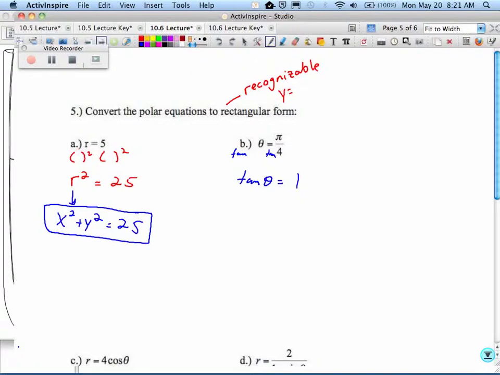No, so this one we would put into y equals mode. So I would multiply by x on both sides. And what do you recognize about that? Linear, slope 1, intercept 0.